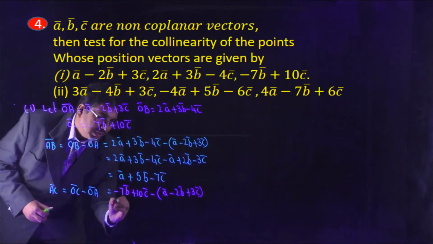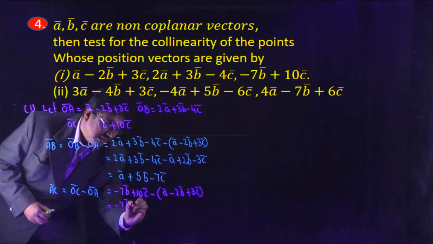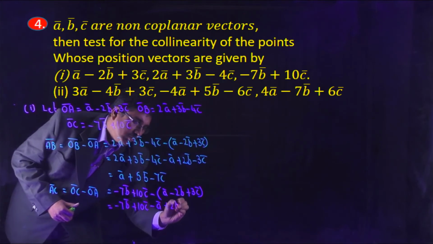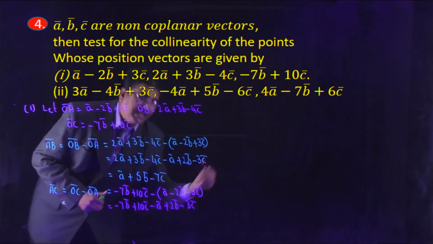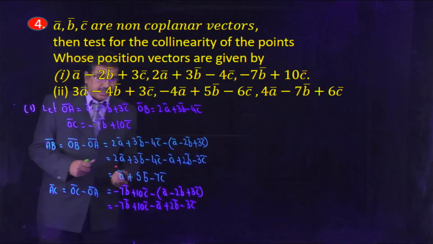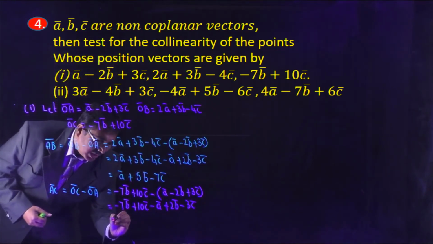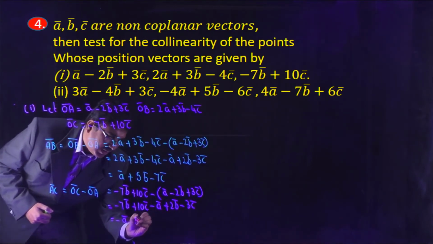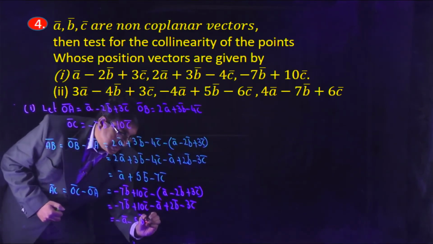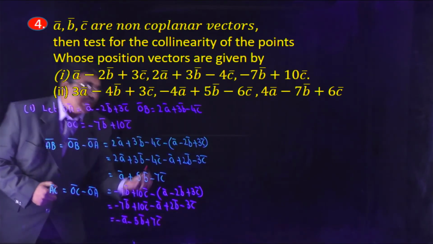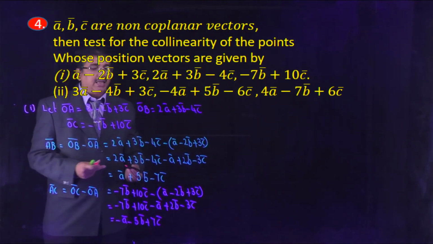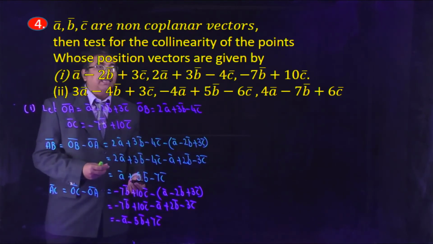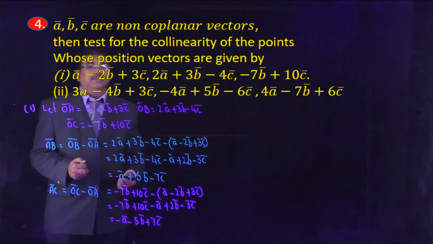That is equal to minus 7B bar plus 10C bar minus A bar plus 2B bar minus 3C bar, right? That is equal to minus A bar minus 5B bar plus 7C bar. 10C bar minus 3C bar is 7C bar, right? This is AB bar and this is AC bar, right?